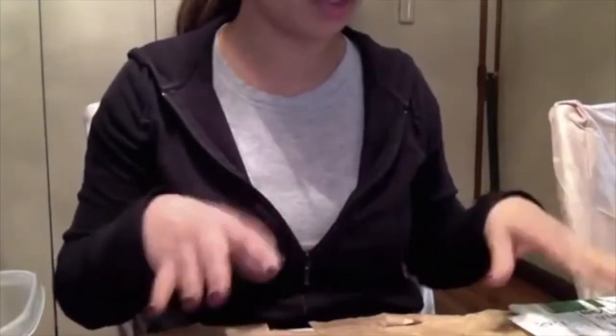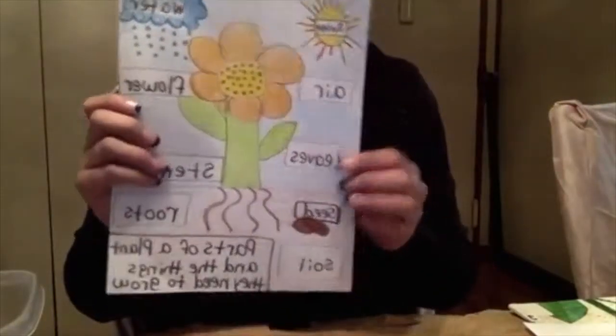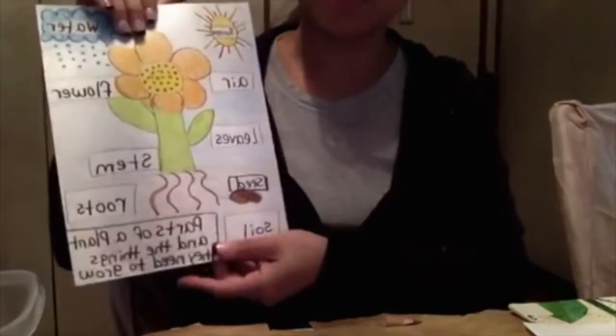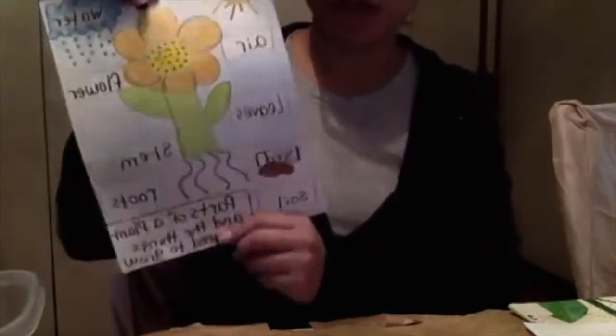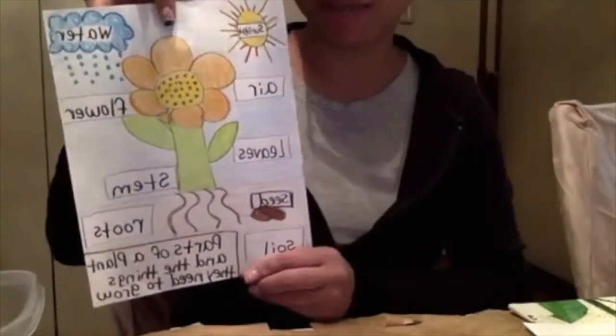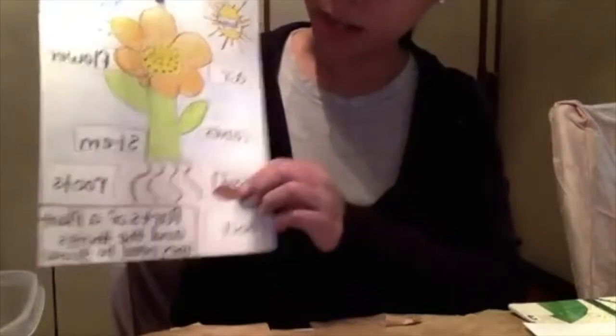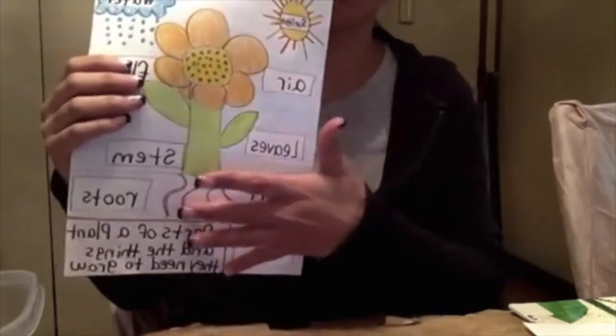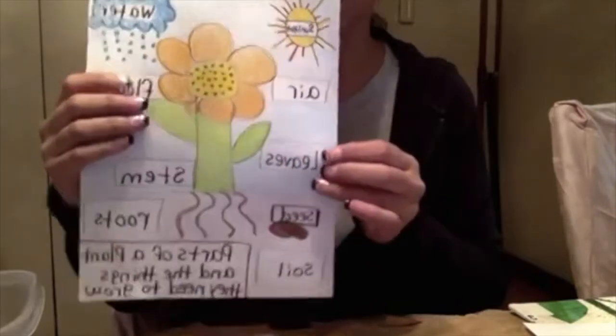Once I finish and complete the story, we will then have a chart that looks like this. This chart is supposed to be on a really big poster board, but unfortunately I didn't have the poster board, so I just drew it on an 8x10. It talks about the process and how it goes from a seed, and then how it develops some roots, and then from the roots it develops some leaves.